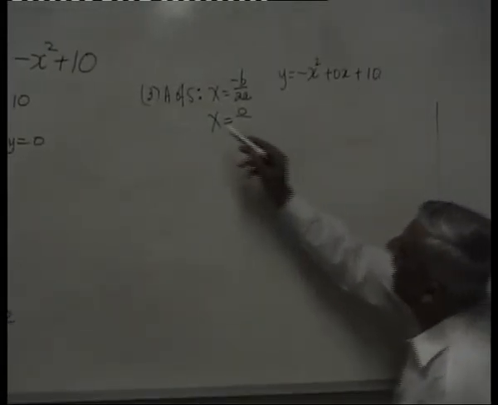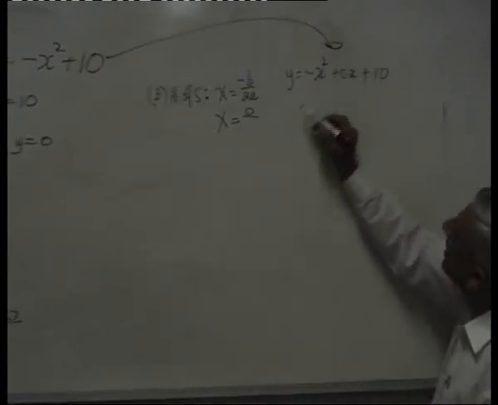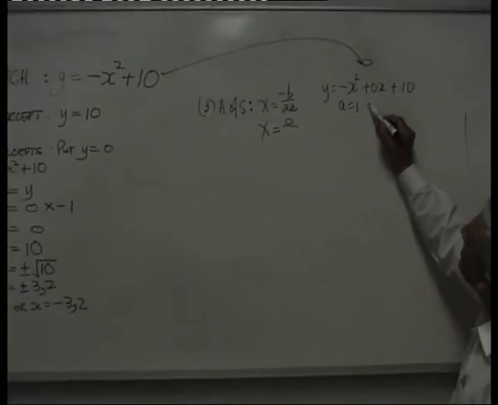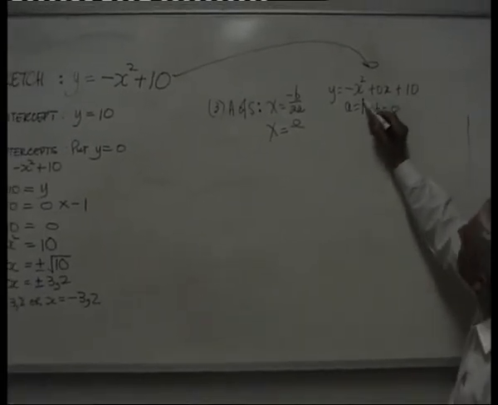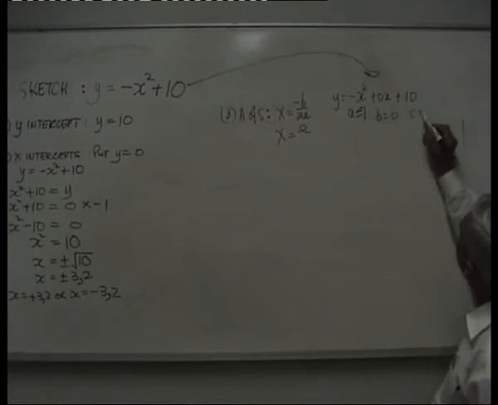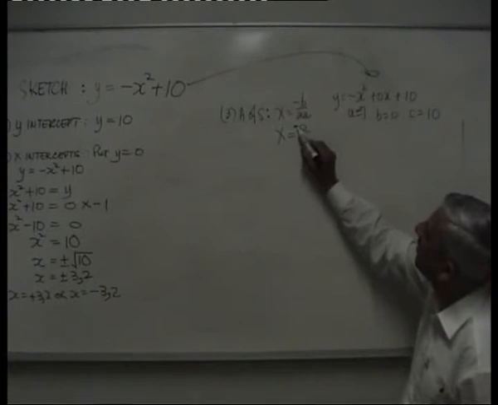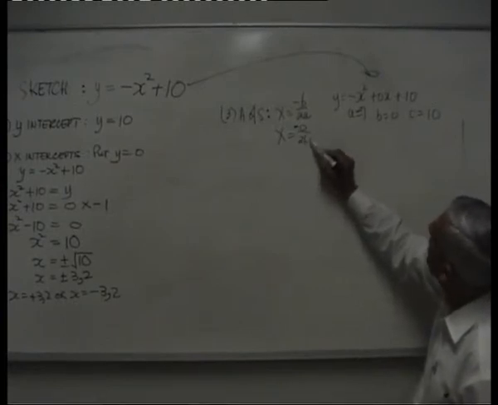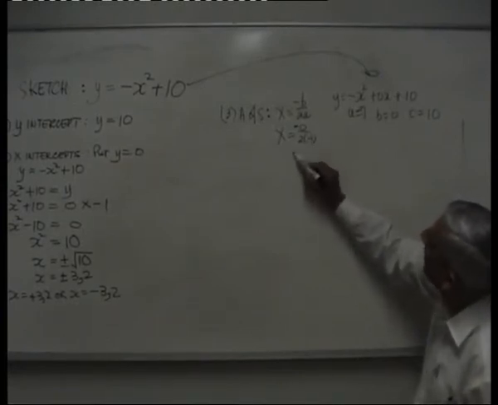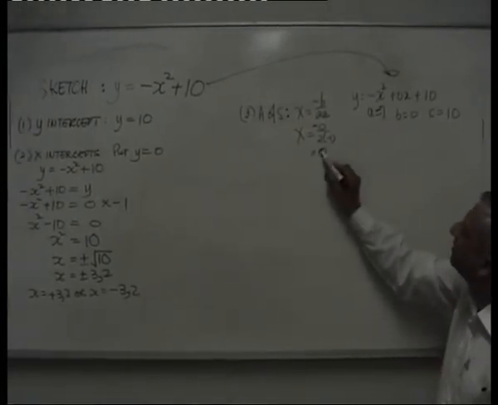You see, that can be rewritten like that. Then clearly a is minus 1, b is 0, and c is 10. So you must be clear about that in your mind. So minus b will be minus times 0. Well, we're wasting time, but we'll put it there. 2 into negative 1. And if you put that in your calculator, you'll get the answer 0.